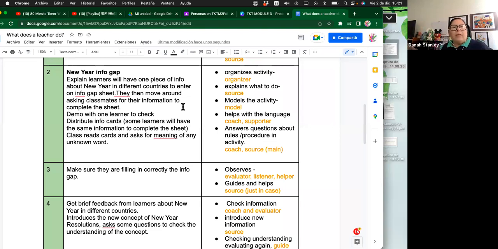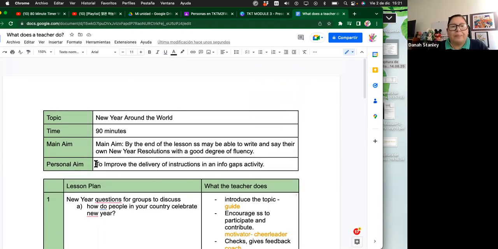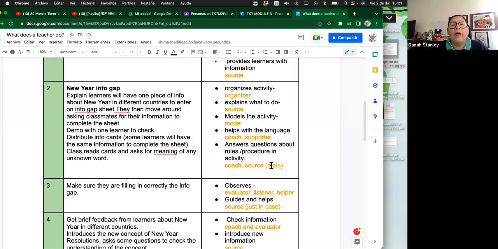Remember that we said that that could be a strategy when I'm delivering instructions. And remember that that is my personal aim. That's why I'm being so careful in the way I'm going to deliver the instructions. So that's why I asked for a demo, another student to come with me and help me with the demo.